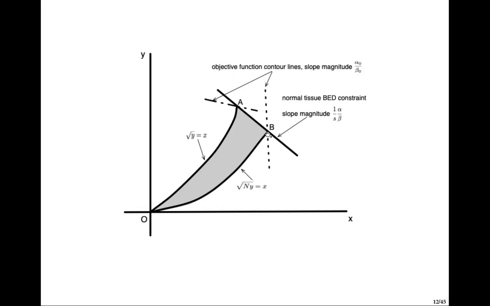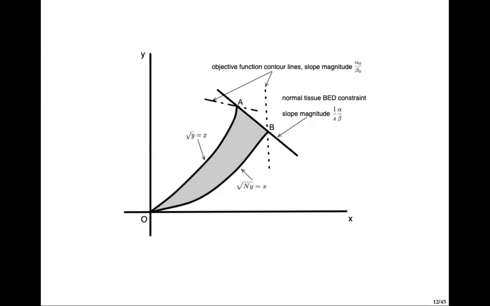You can intuitively see that if the slope of this line is this way, and I push it as much as possible in that direction, then the optimal solution is going to occur over here. What we mean is that the slope here is flatter than the slope of this constraint line. The other situation is where the slope of that objective function contour line, which I'm showing here, is actually steeper than this constraint line. And in that case, the optimal solution is actually going to lie at this corner point.